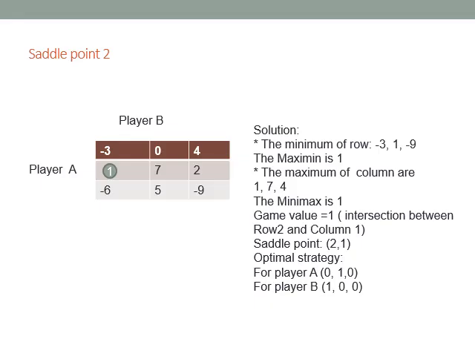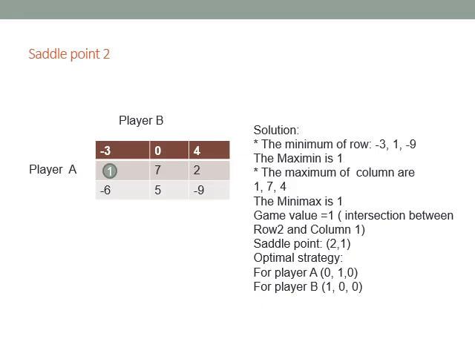Okay. Now we are going to forecast the optimal strategy for players. Look, the place of the game value is row 2 and column 1.